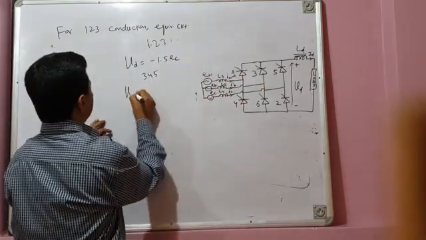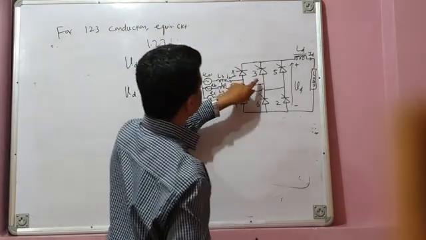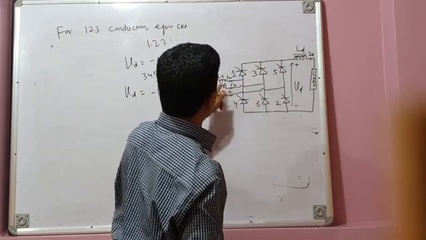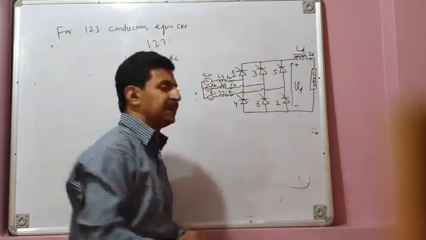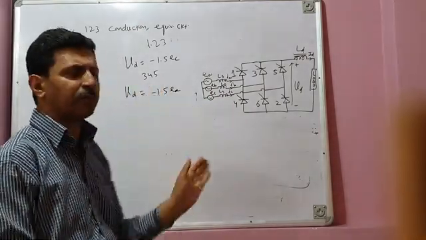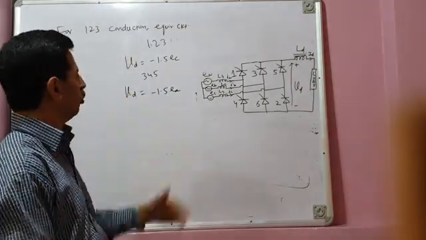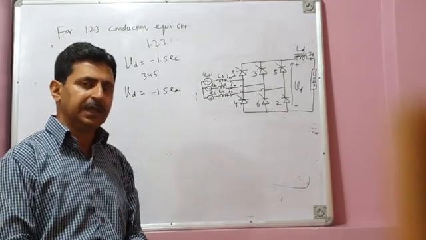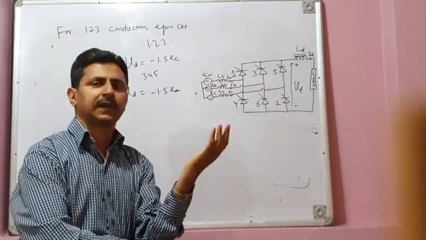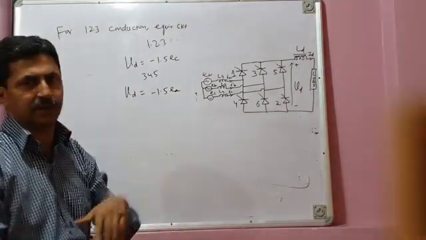You should remember that load voltage is equal to minus 1.5 times EA, because EB plus EC is equal to minus EA. You can perform the same analysis, draw the equivalent circuit, and you will get the same: load voltage equal to minus 1.5 EA. But without drawing the circuit diagram for each conduction of 3 valves, we can remember it this way.